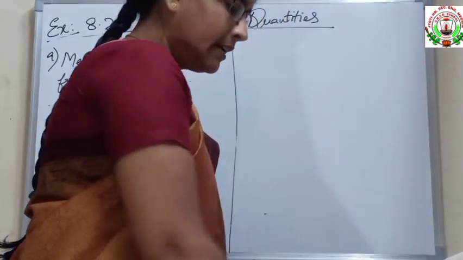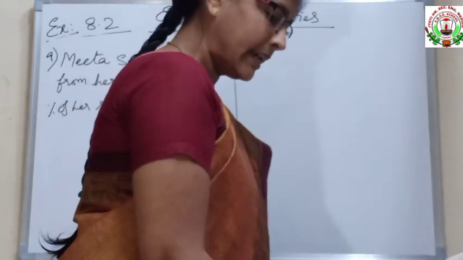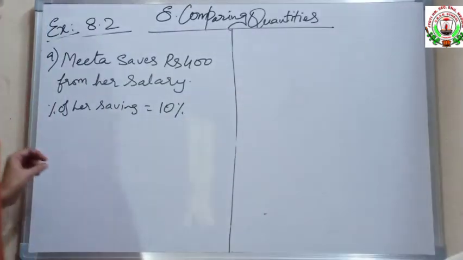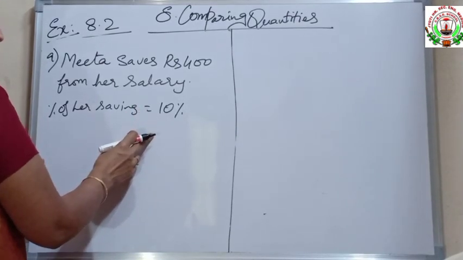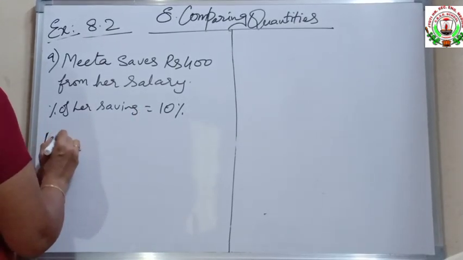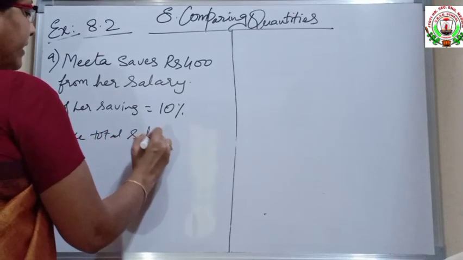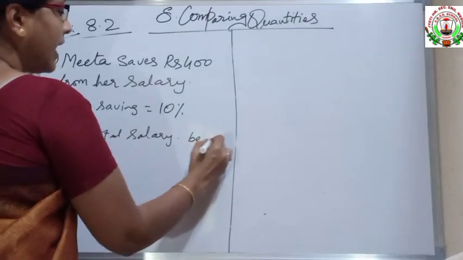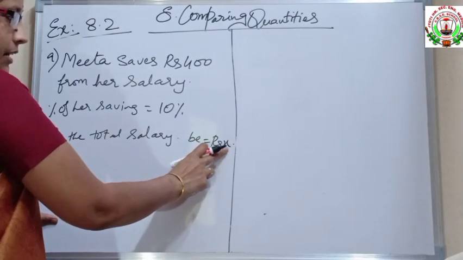So we have written here, Mita is saving 400 rupees from her salary, and they have given the total percent of salary. So here first we have to find the total salary. So let the total salary be rupees X, because we have to find it.